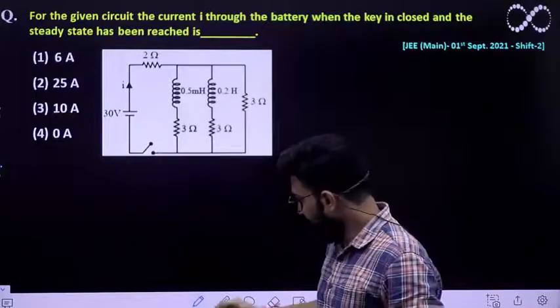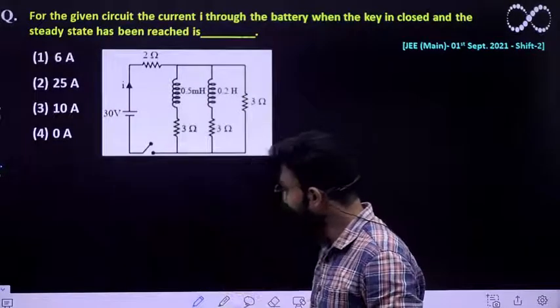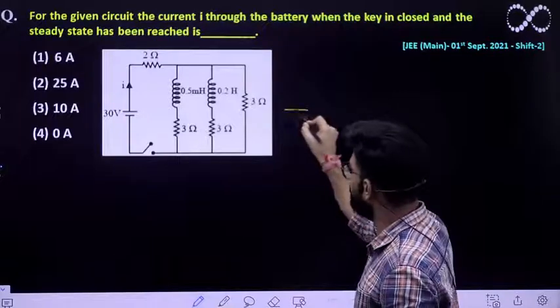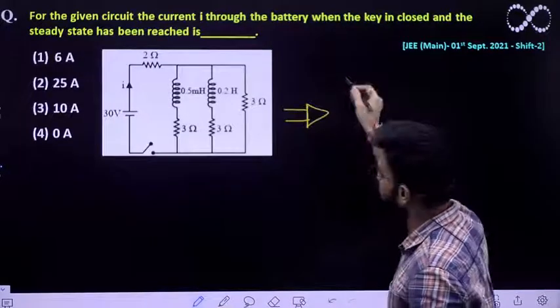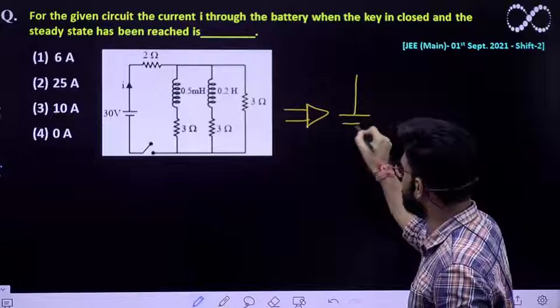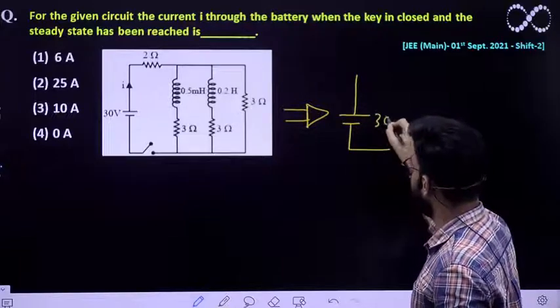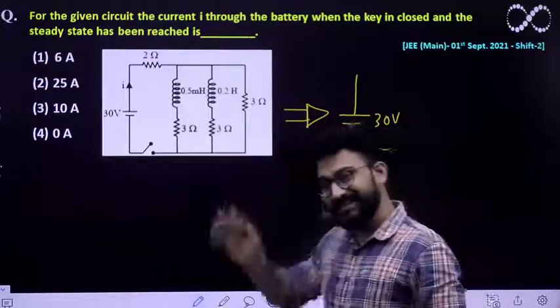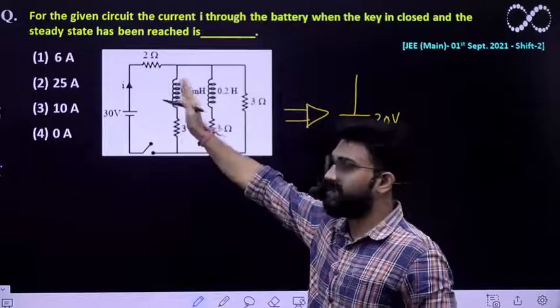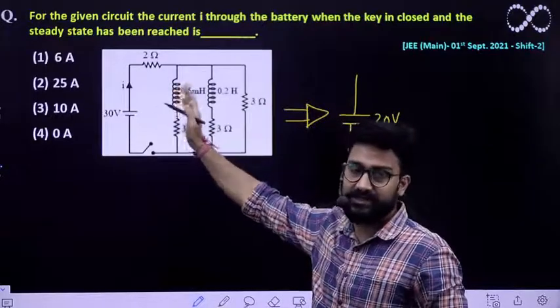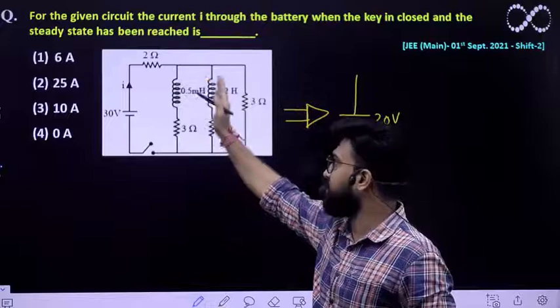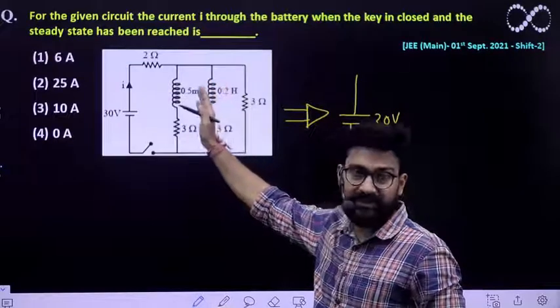We already know that at steady state, if I visualize this question and redraw it, you'll get it like this. This is 30 volt. At steady state we already know this inductor will behave like a straight wire, and this inductor also behaves like a straight wire.